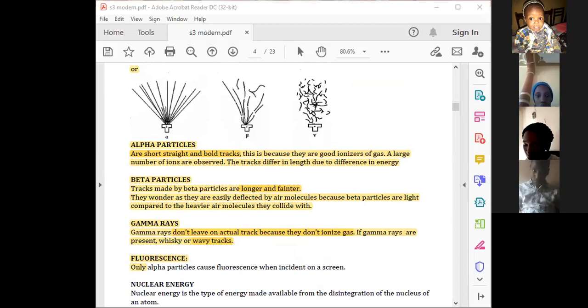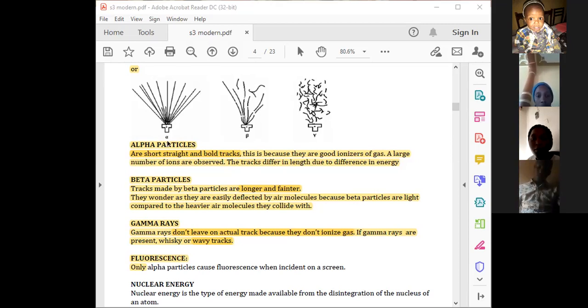Then in beta, these tracks are the images. Some of you are asking, what are tracks? The track is an image that we shall always see on the screen.